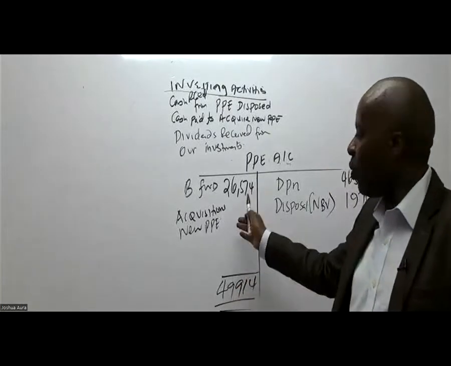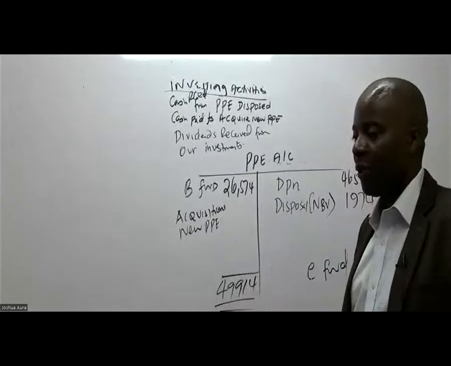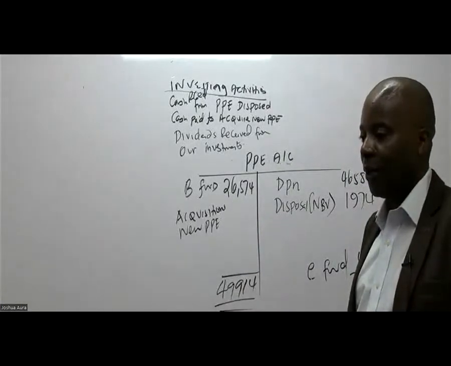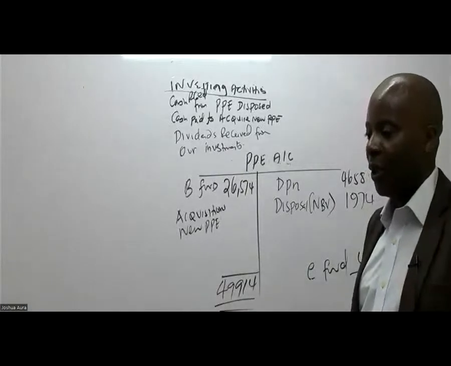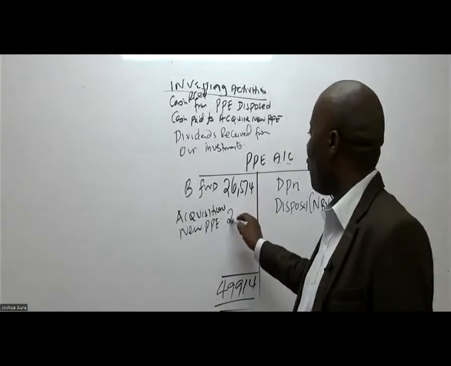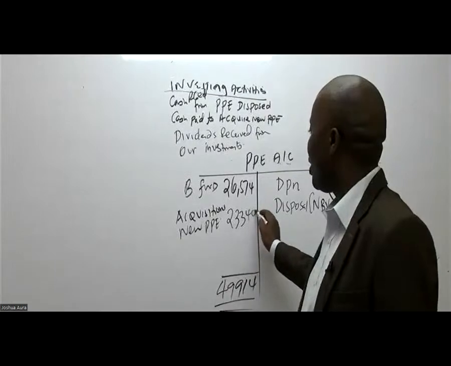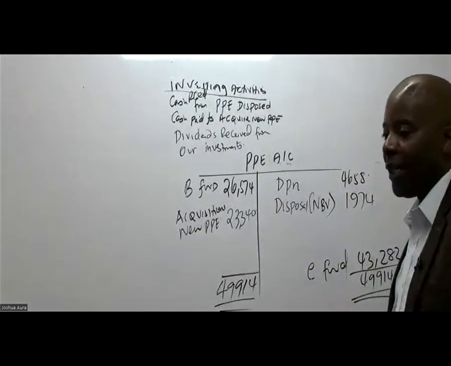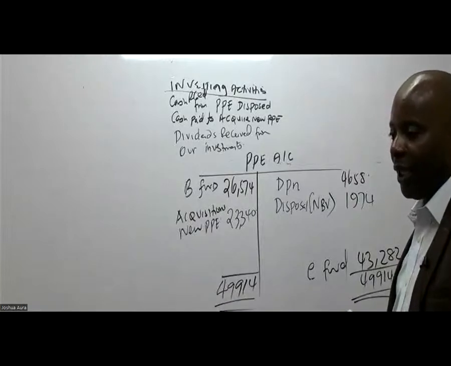So in this case here, what about now this? 23,340. So this 23,340 is what we acquired in the period.